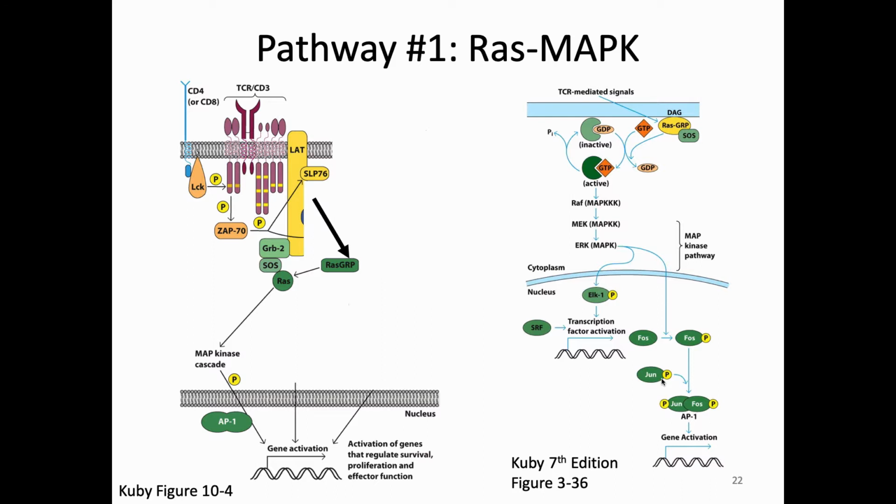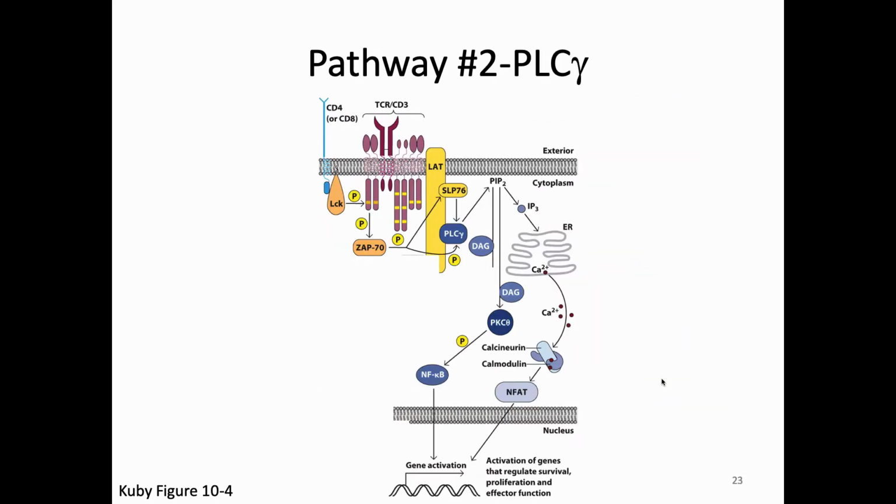So that's the Ras-MAPK branch. We can go back up to LAT, and we can think about the second branch. The second branch includes a protein called PLC gamma. So LAT turns on this protein, PLC gamma.